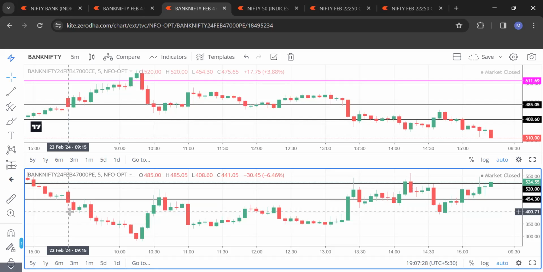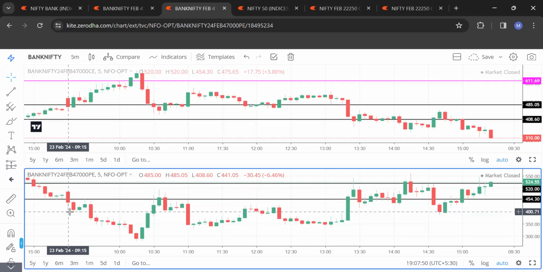Okay. Now see the figures from put. From put side, open and high is same, 485. And you see 485, both these figures on call side, they are between call side high and low, between 520 and 454.